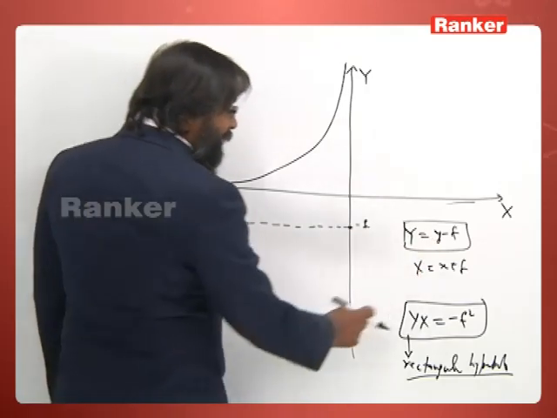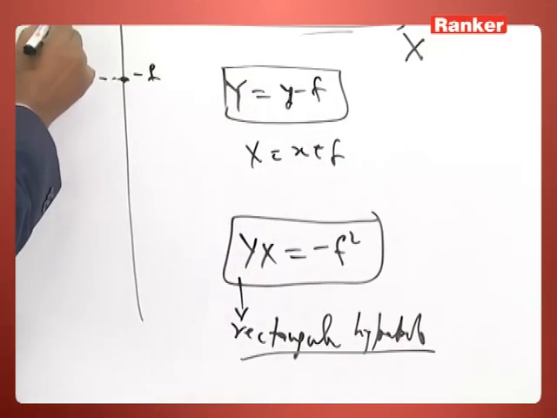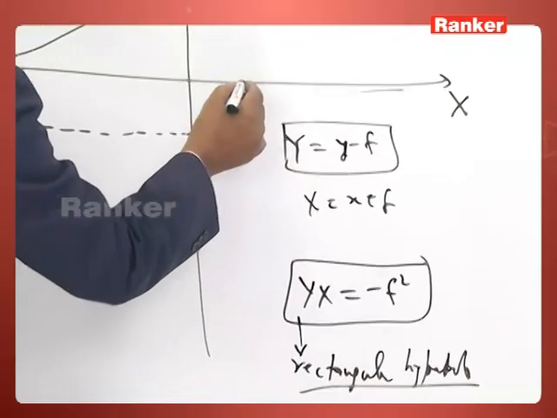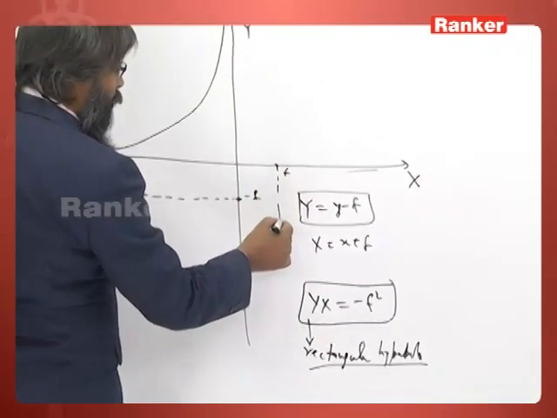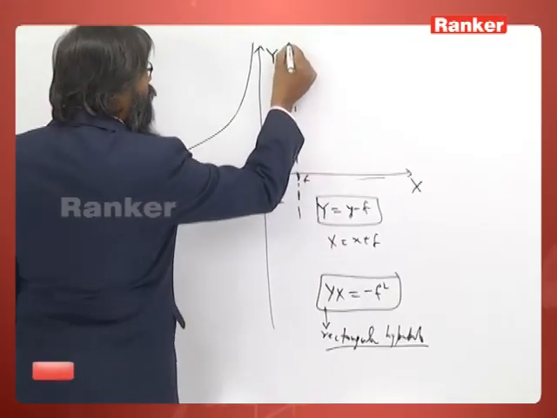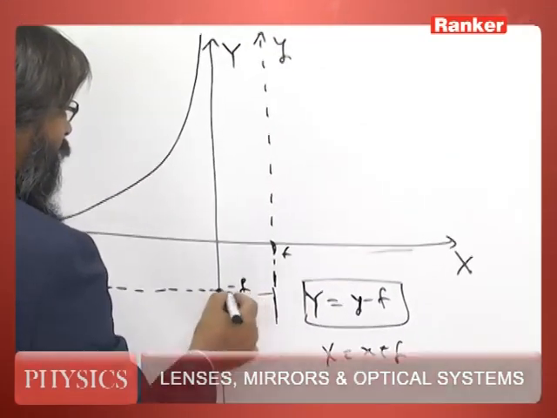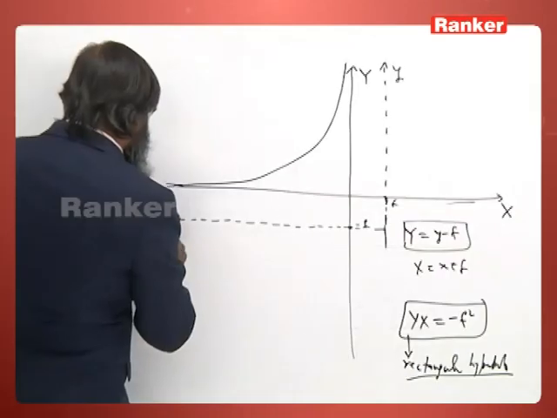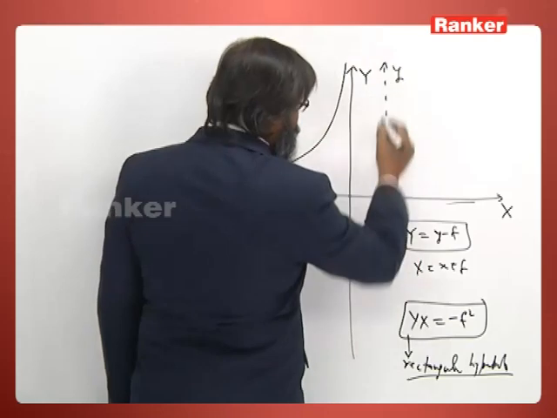Now y axis means if I put x is equal to 0, then X is equal to f. We got X is equal to f here. So you see, this will represent small y and this will represent x dash, x axis. So x axis will be here and y axis will be here.